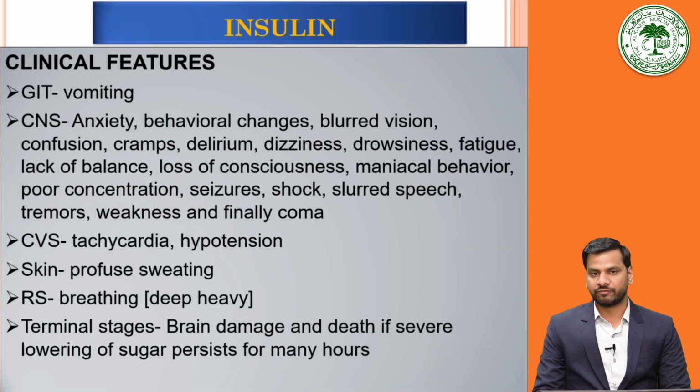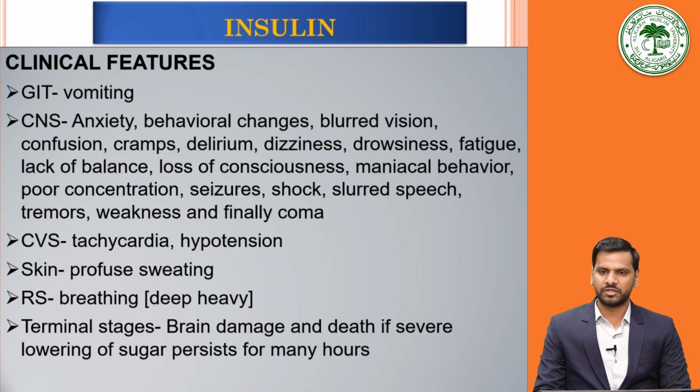The clinical features of insulin poisoning. If we talk about the gastrointestinal tract, there will be vomiting, and the CNS symptoms include anxiety, behavioral changes, blurred vision, confusion, cramps, delirium, dizziness, drowsiness, fatigue, lack of balance, loss of consciousness, maniacal behavior, poor concentration, seizures, shock, slurred speech, tremors, weakness, and finally coma.